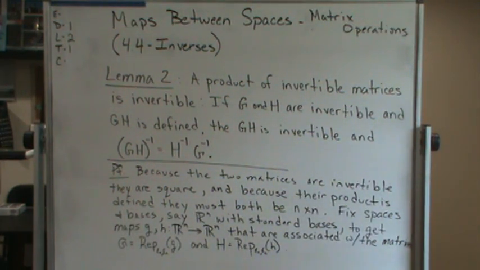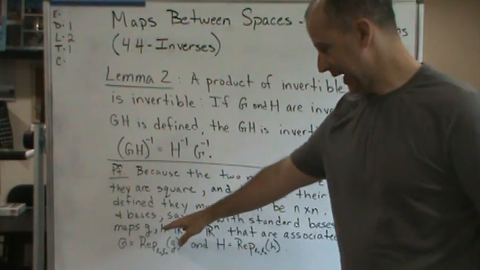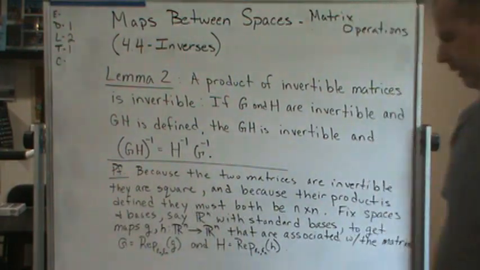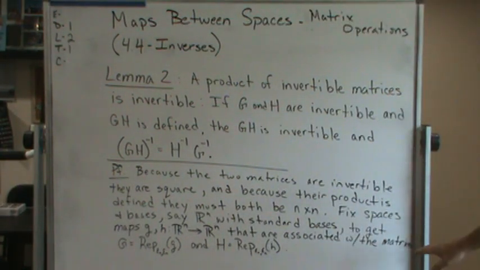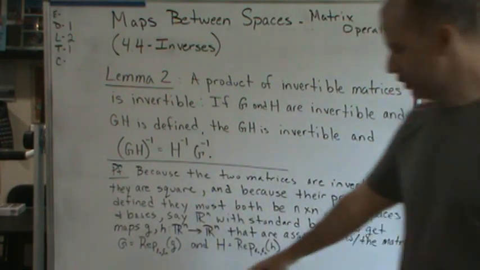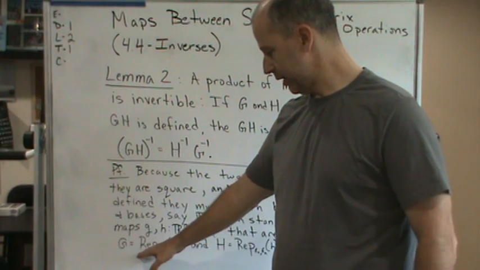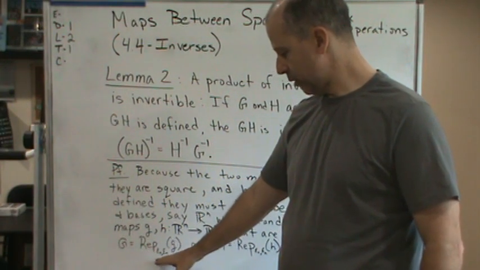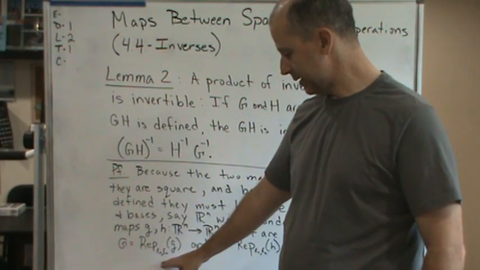Generalize it. So now we're going to fix the spaces and the bases, say R^n with the standard bases, to get maps G and H, which go from R^n to R^n, that are associated with the matrices. G is written as a representation with respect to epsilon n, right?